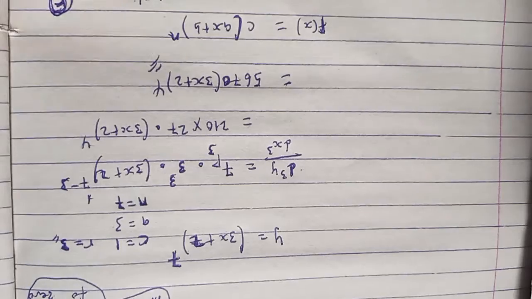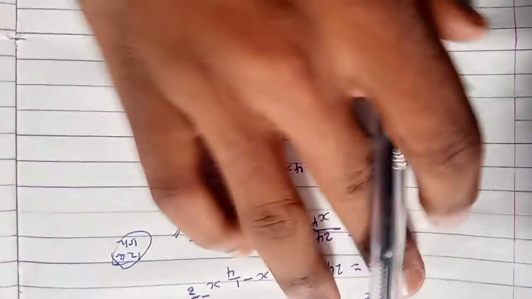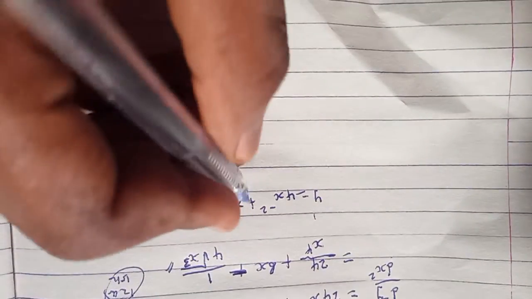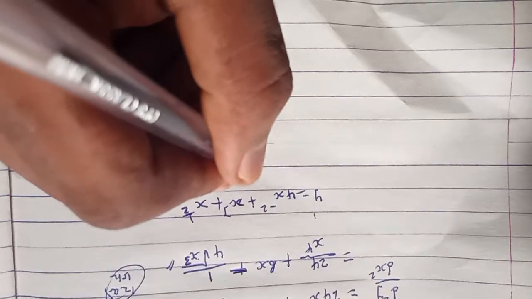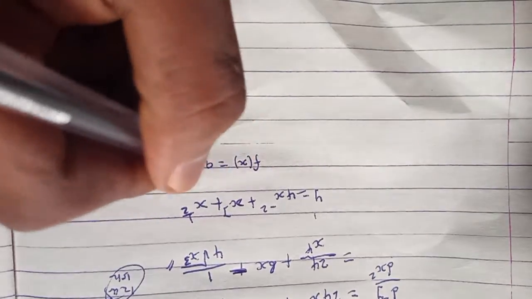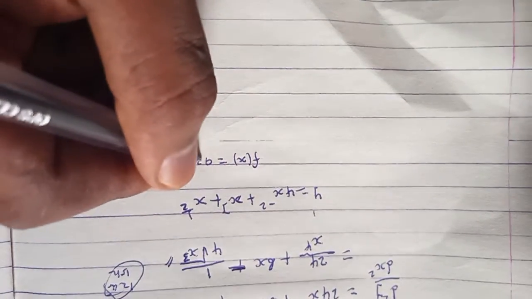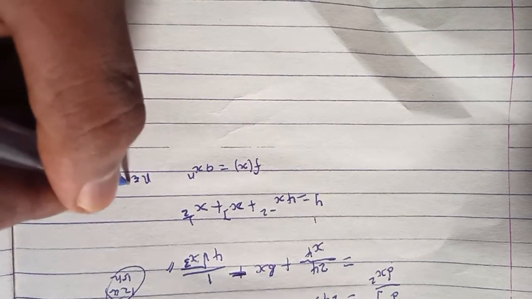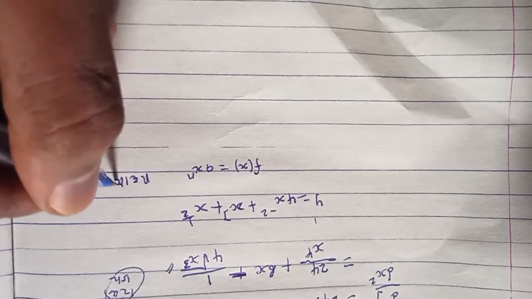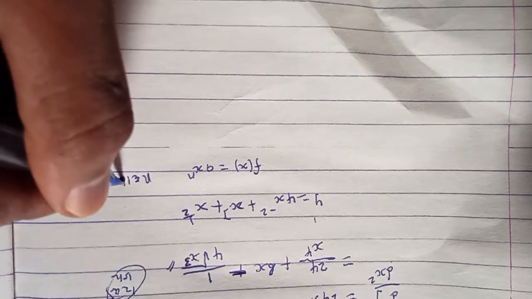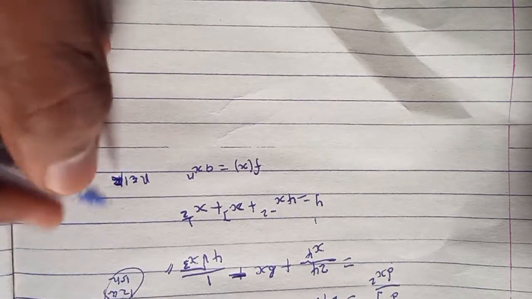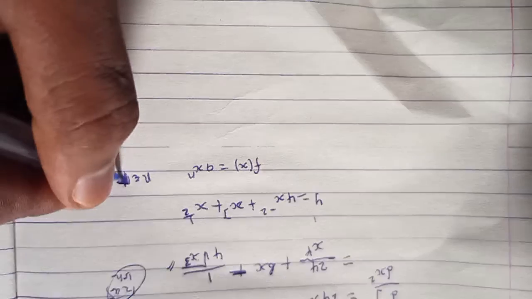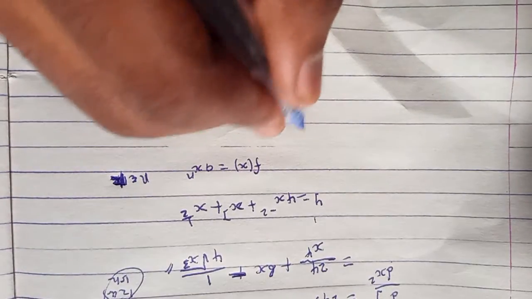So let me just explain to you here. When you are having a function like f of x is equal to a x power n, and n is a member of real numbers, you can use this formula.